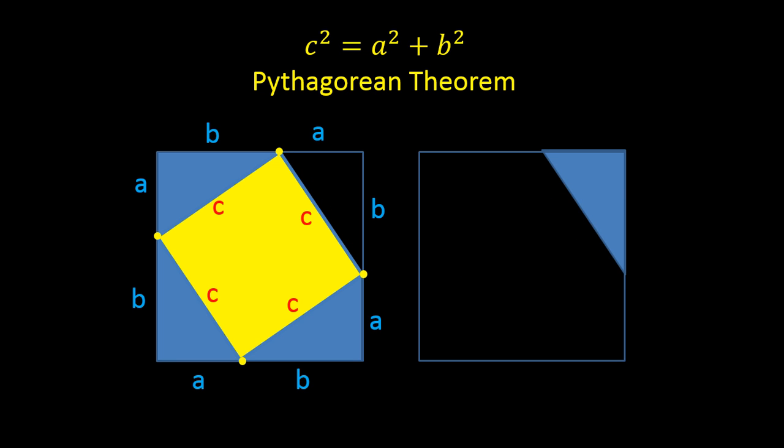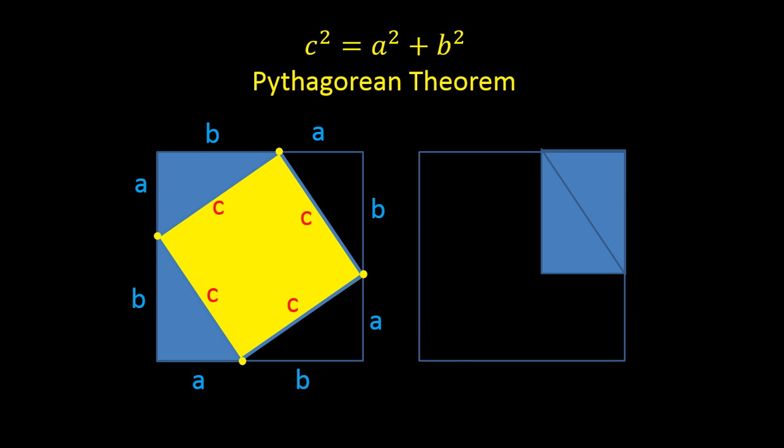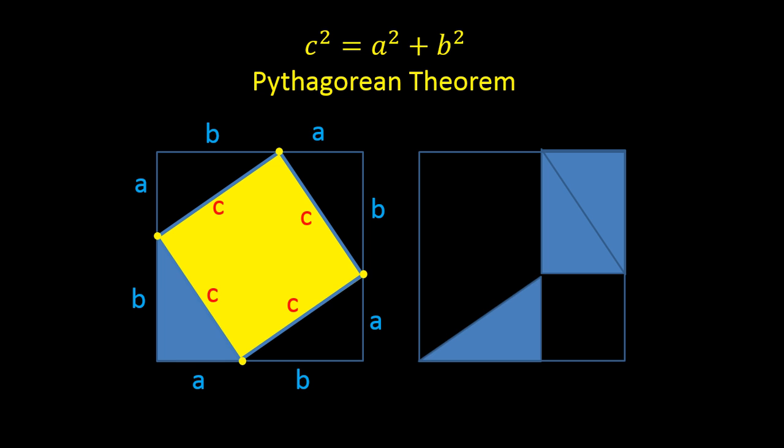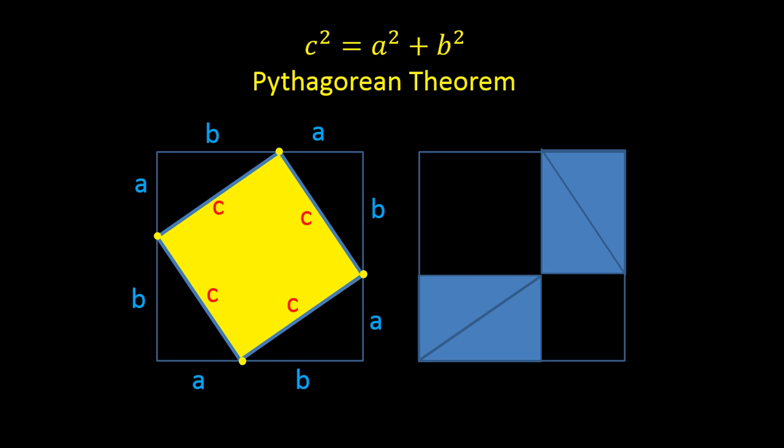Now we're going to take these triangles that surround that inner square, and we're going to just rearrange them in our second square, which, remember, had an area identical to the left square.